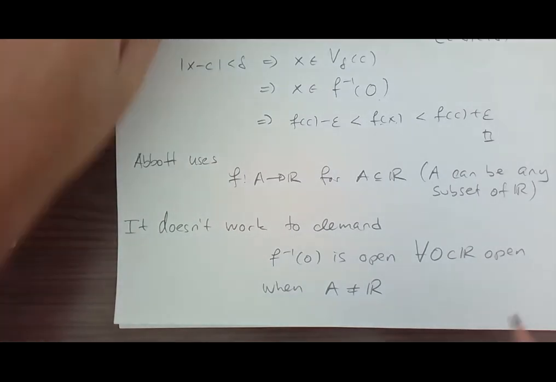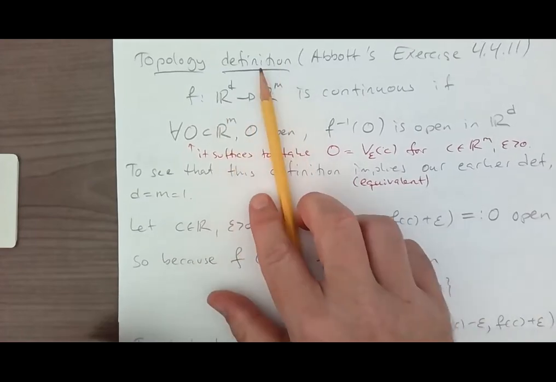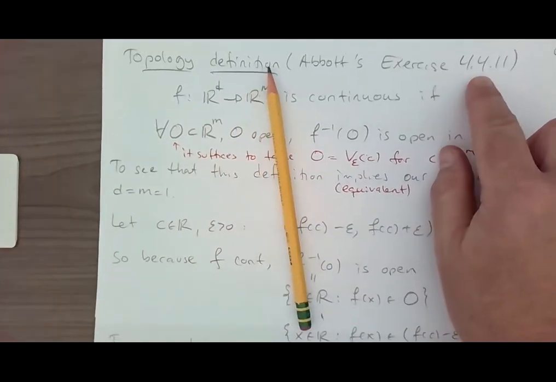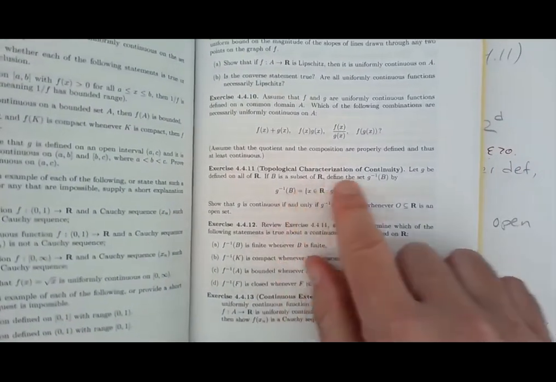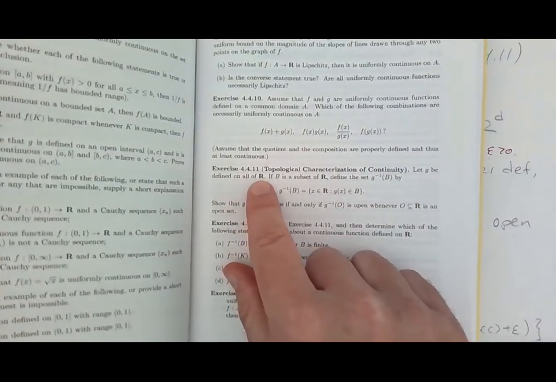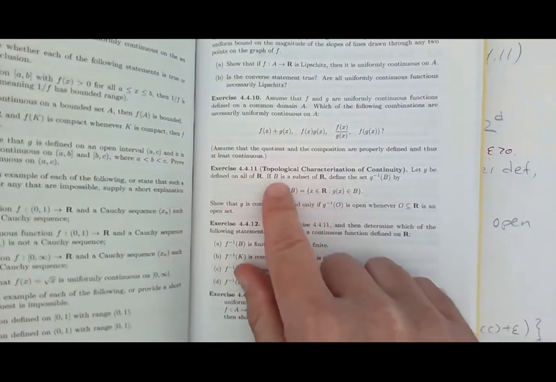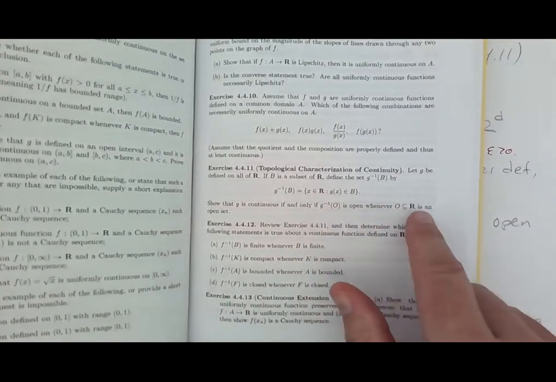And what we had done here was going from R, and just to hammer it home, when you look at this exercise 4.4.11, he has a function that is defined on all of R, right? And then he's looking at these pullbacks, and if and only if you're open whenever you have an open set, and so on.